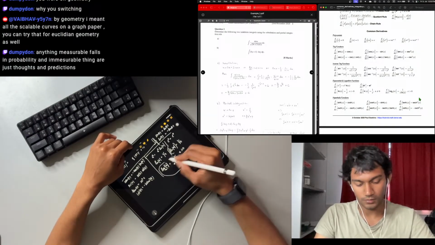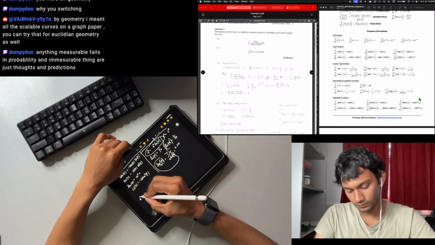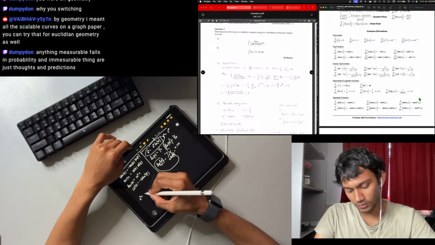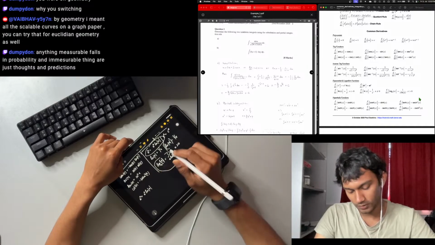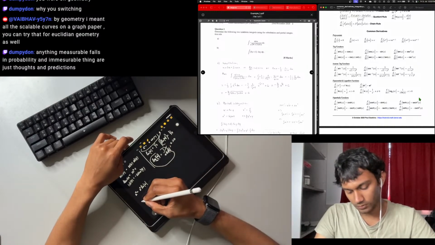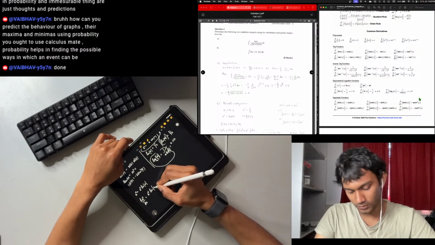I need to remember this and this one. A raised to x equals a raised to x natural log of a.